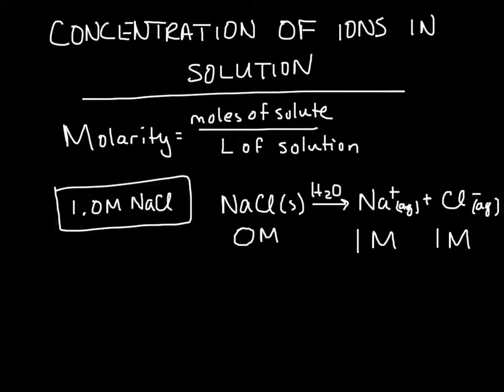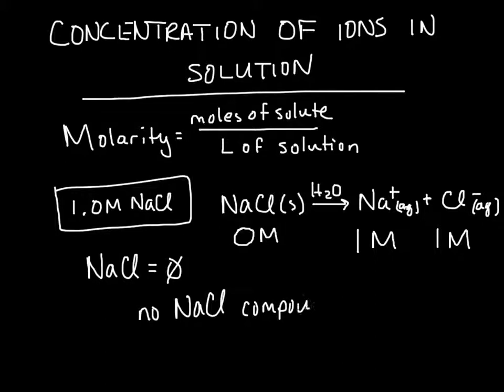So, in the container, the amount of sodium chloride compound together is 0. So we have no NaCl as a compound, no NaCl compound in solution or in the container.